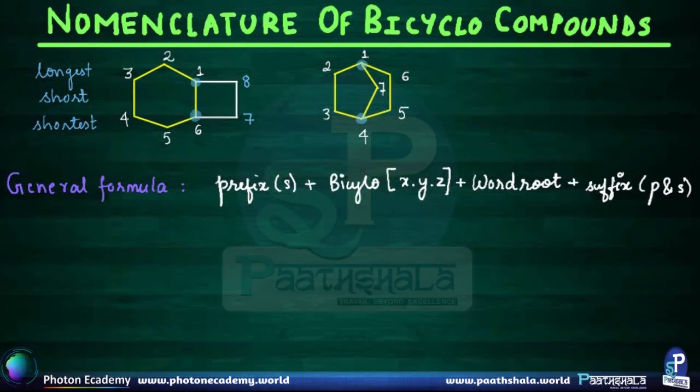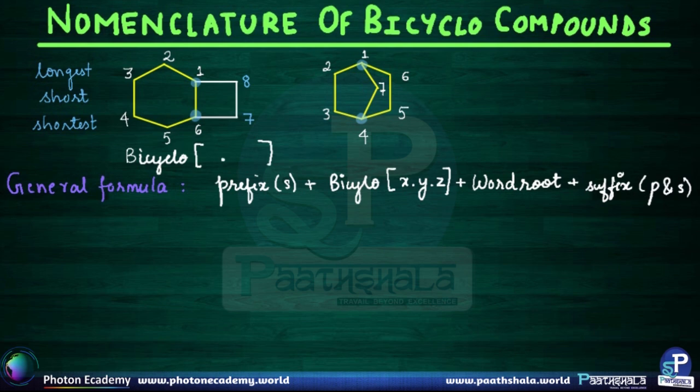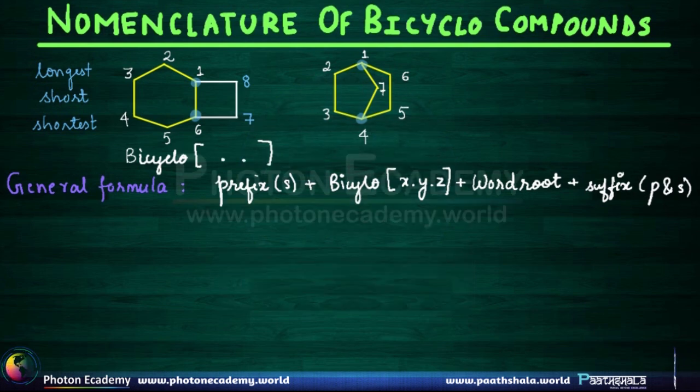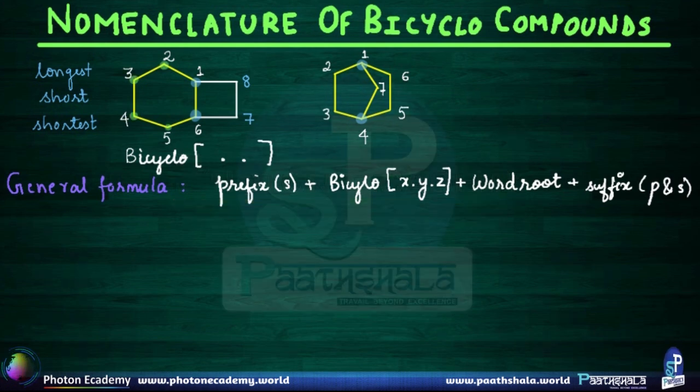Next, for this example, let's learn what these X, Y, Z are. For our first example, I will write bicyclo. Now see what our X, Y, Z are in these cases. X represents the carbon atoms in our longest chain. As you can see, in our longest chain there are 4 carbon atoms, 1, 2, 3 and 4.